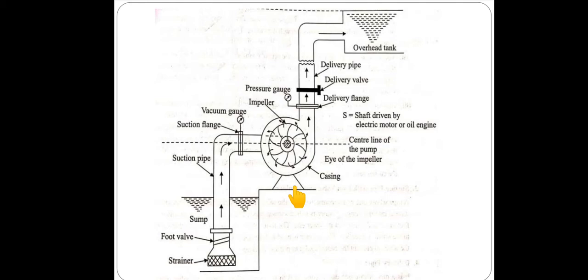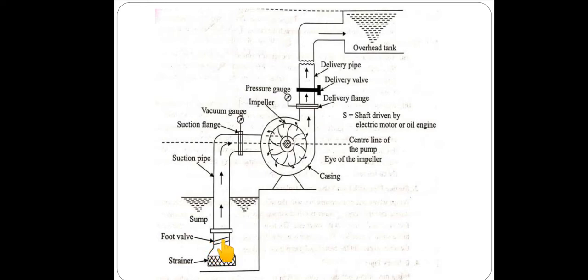Before going to the working principle, let me explain the foot valve function. The foot valve is a valve which allows flow in only one direction. Reverse is not possible. When suction is created, water will start moving in this direction, and the foot valve will not allow water to come down.